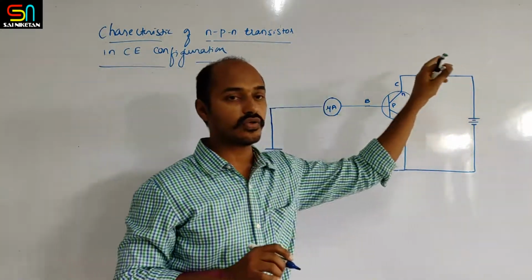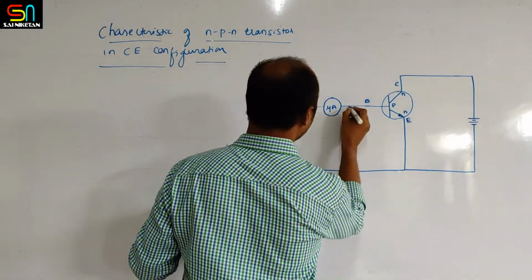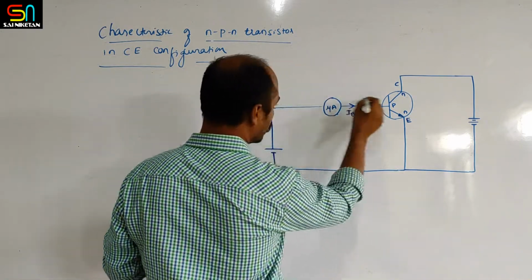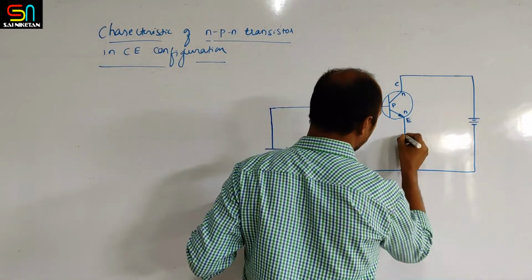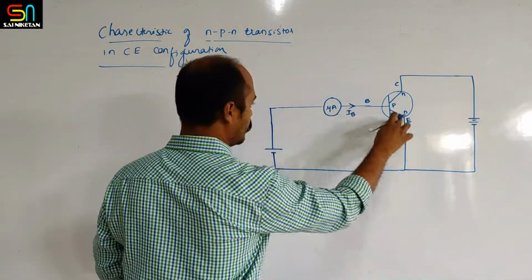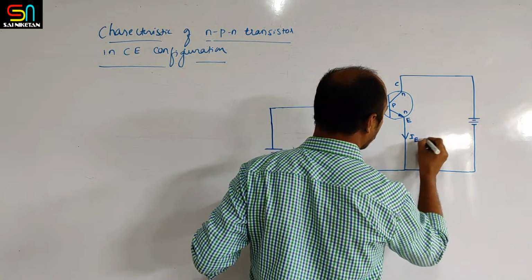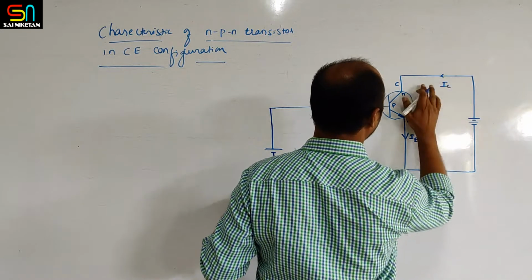If you draw the circuit, you have to show the direction of the current. The direction of the current IB is in this direction, from positive to negative, and from the emitter it is positive to negative, hence it is IE, and here also positive to negative, this becomes IC.